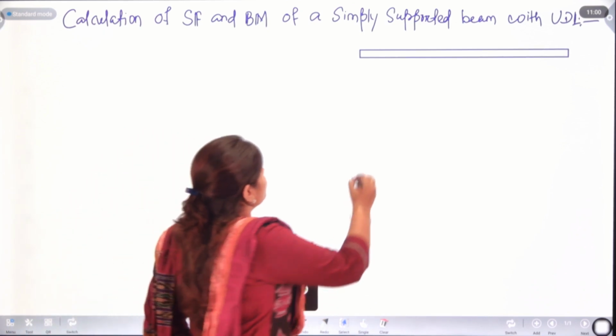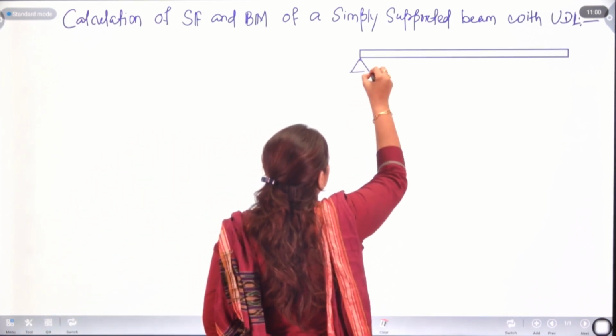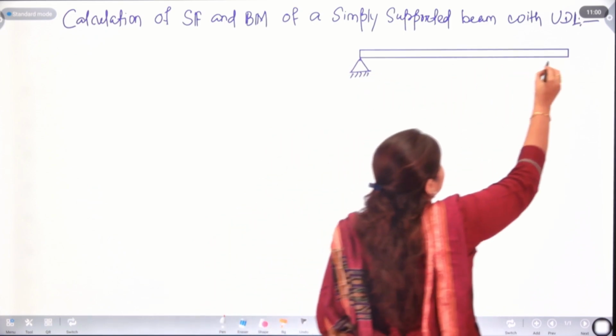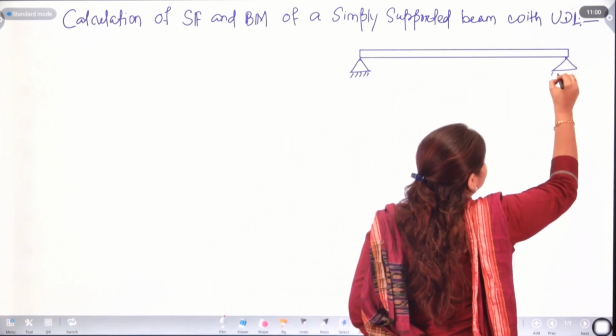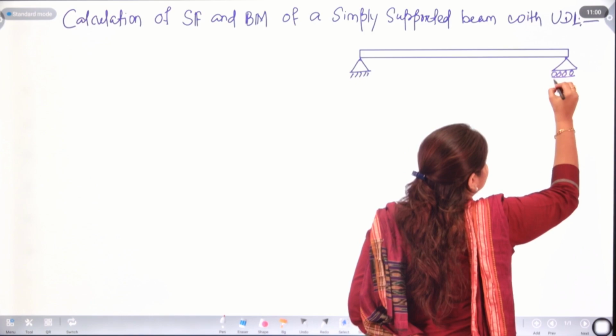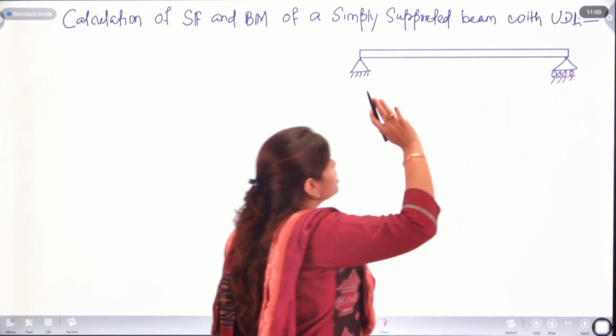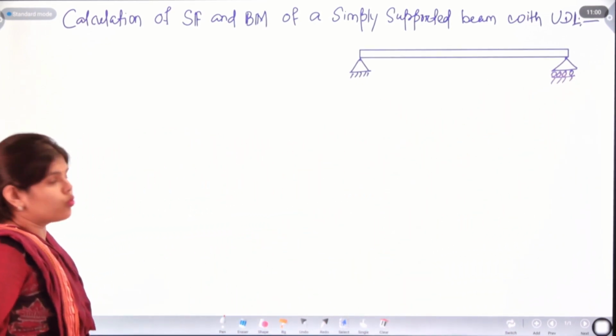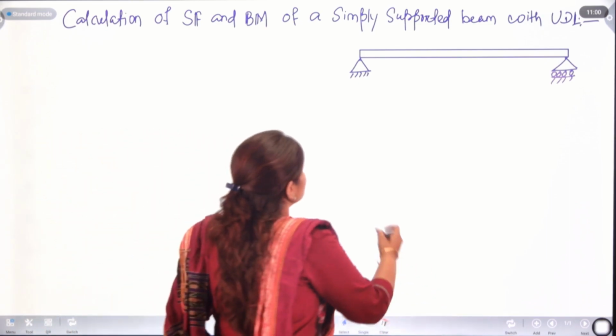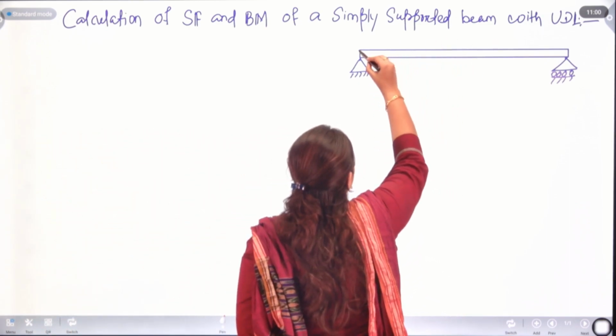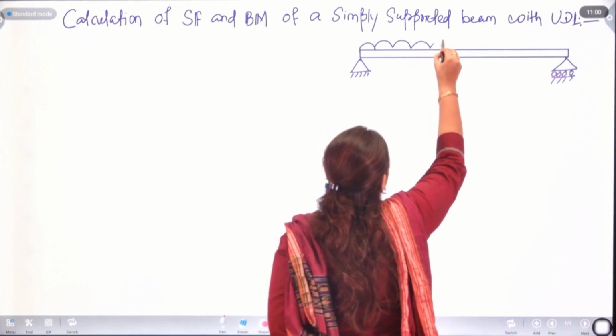We know the structure of a simply supported beam. What more is in the question? Simply supported beam with UDL. UDL is nothing but your uniformly distributed load.